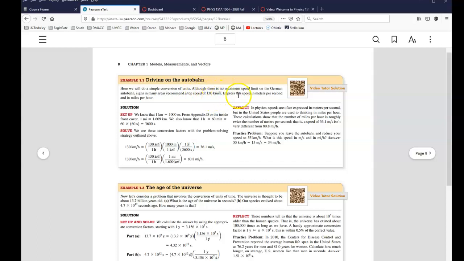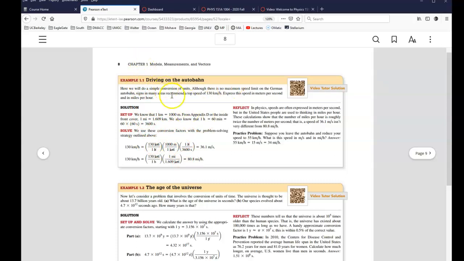Now it asks, express this speed in meters per second, and also miles per hour. So basically we want to convert kilometers per hour to meters per second and miles per hour. How do we do that? You can read the book's solution, but I'm going to solve it for you.